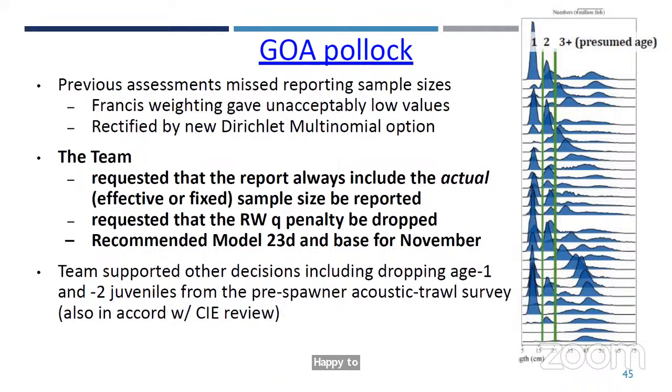That was a major aspect of this assessment that changed, and the team appreciated that and just reminded people that you should always include the actual sample size that ends up being used in an assessment, as opposed to just saying we started with this and then we reweighted the sample sizes but didn't report them. So that was the change there.